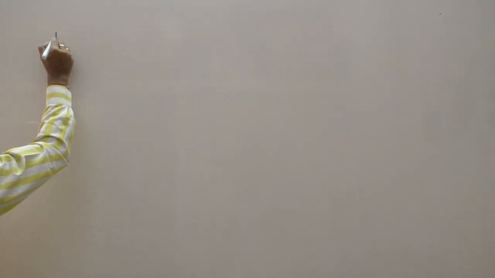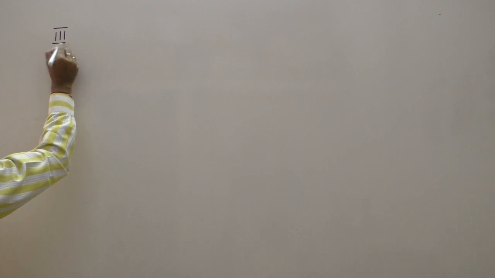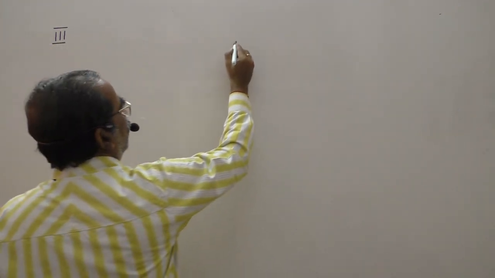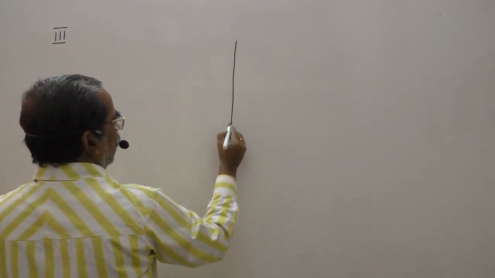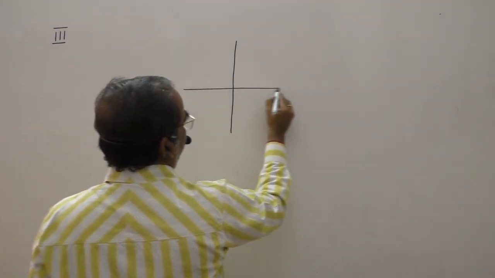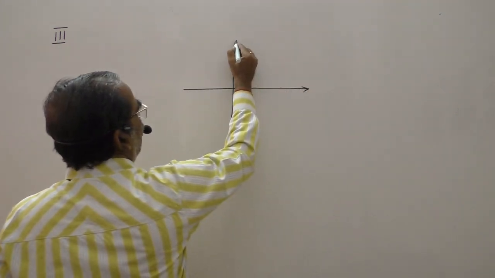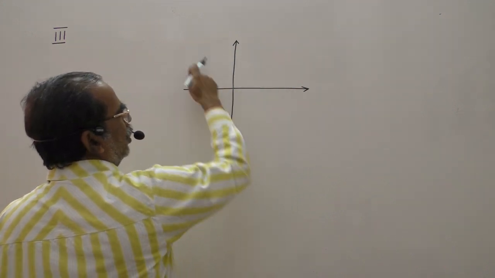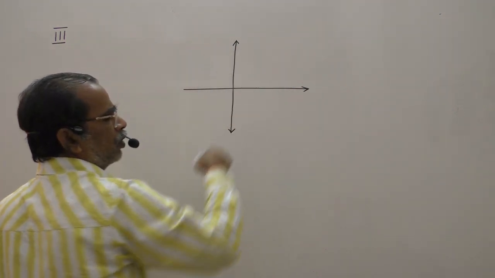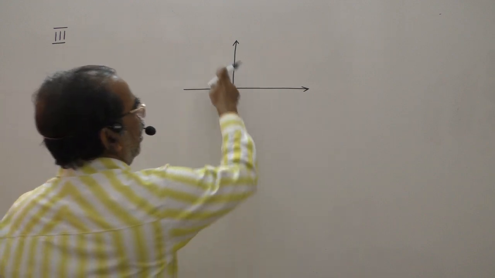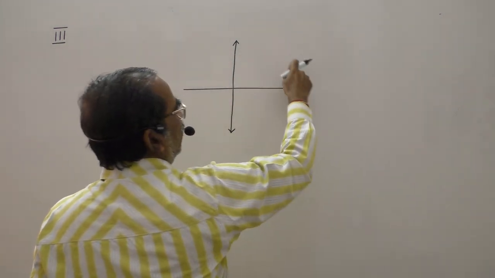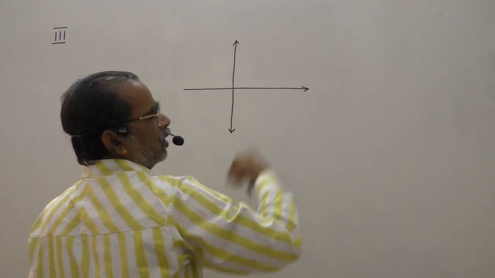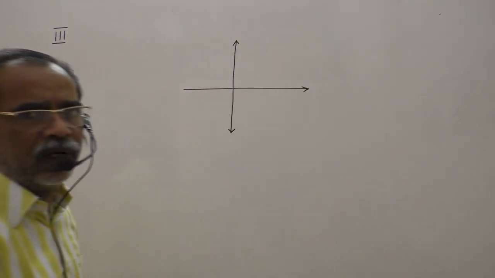Now we will see one more: the third one, set 3. Very simple. What is set 3? In set 1 we have seen 4 parabolas having the x-axis or y-axis as axis: 1, 2, 3 and 4. In the second set we have seen parabolas having the axis parallel to the x-axis, and also parallel to the y-axis.